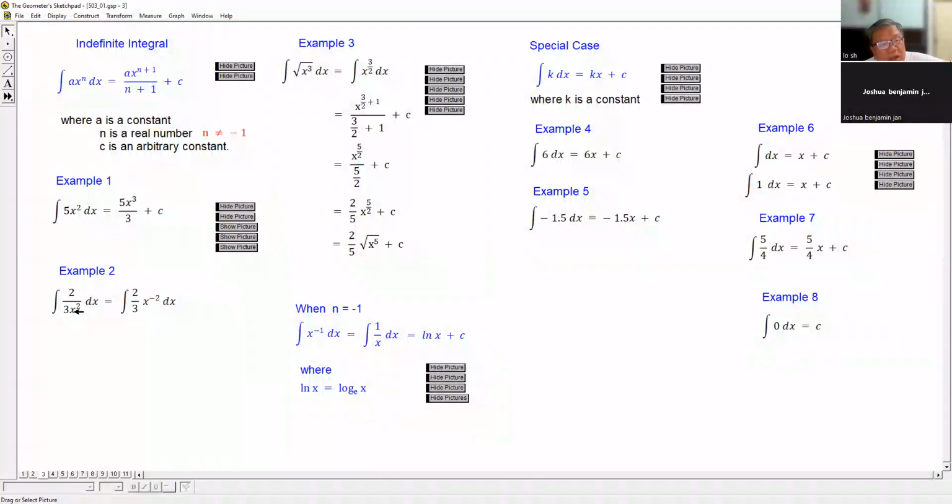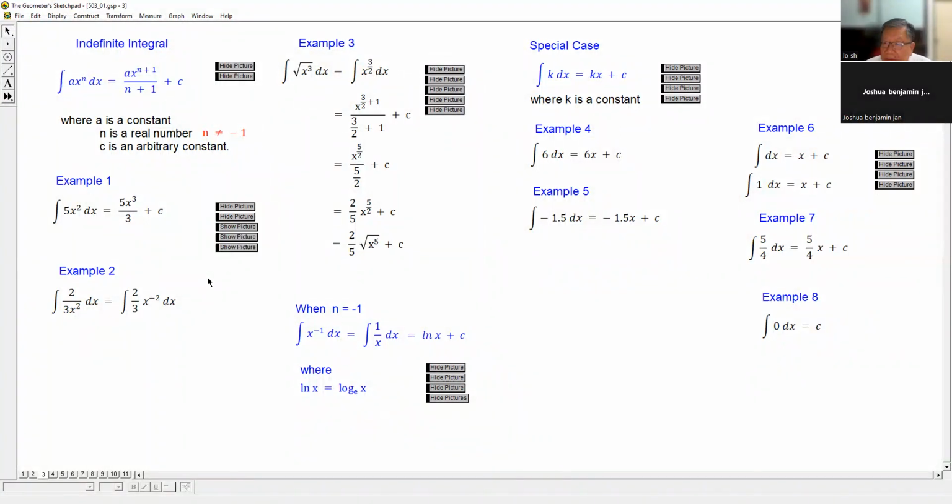Because the x squared at the bottom there means x to the power of -2. So you have to bring up first x power -2. Then this number 2 over 3 don't change. 2 over 3 is actually a number, so you don't integrate the number. So you leave it as 2 over 3. You see the 3 is at the bottom. You don't bring the 3 to the top together with the x. Cannot. So you leave the number at the bottom, but the variable x, you move to the top and become x to the power -2.